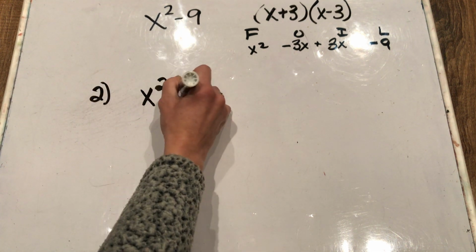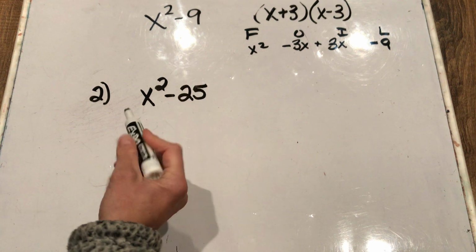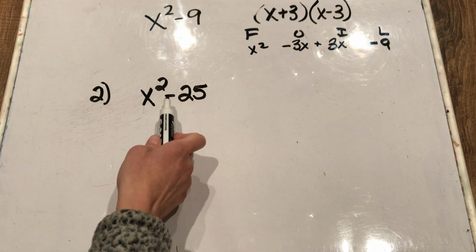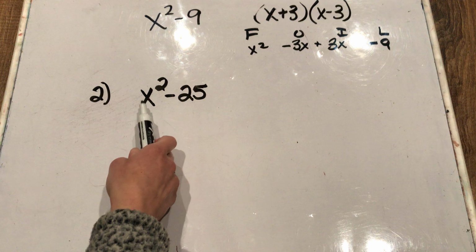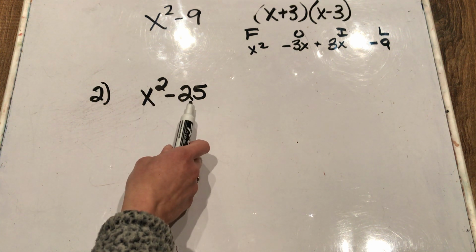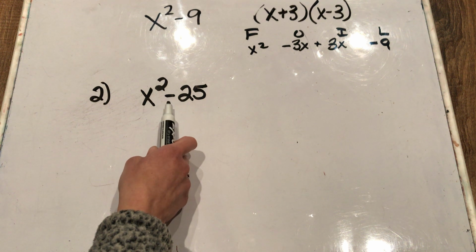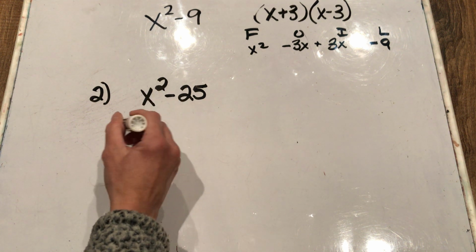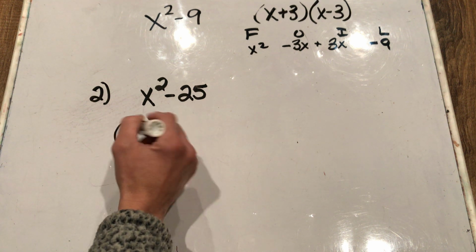x squared minus 25. So when you start to see these that don't have a term for x, think about it and say, is this a perfect square? Is this one a perfect square? Do I have a minus sign, that difference in between? If so, then I will probably be looking at the difference of two squares.